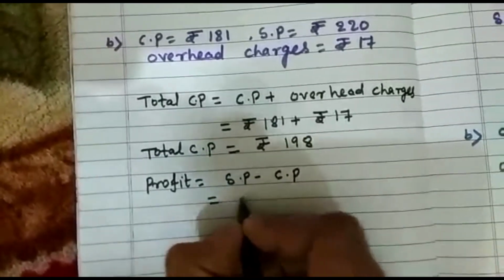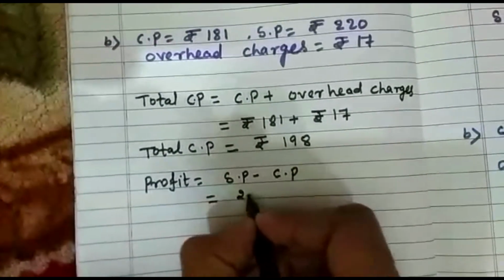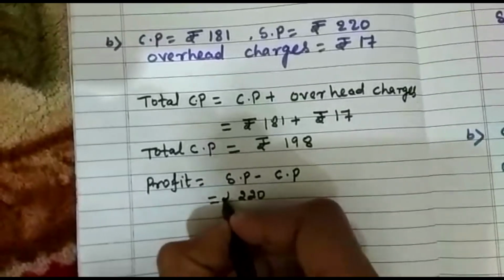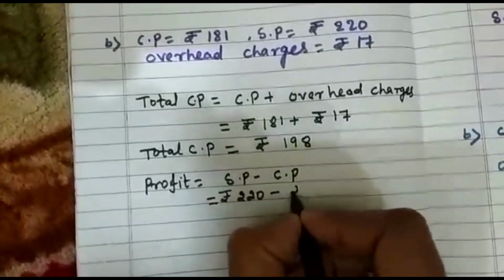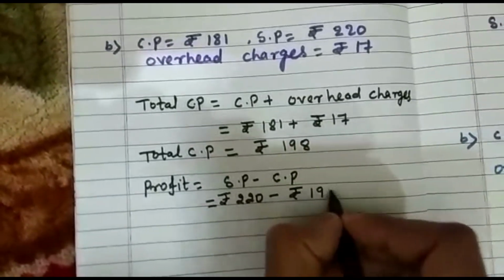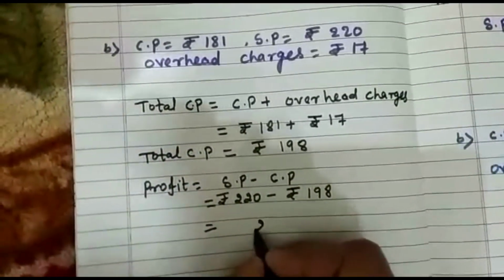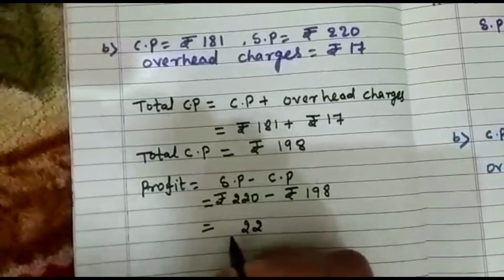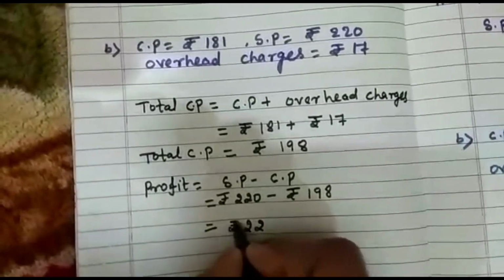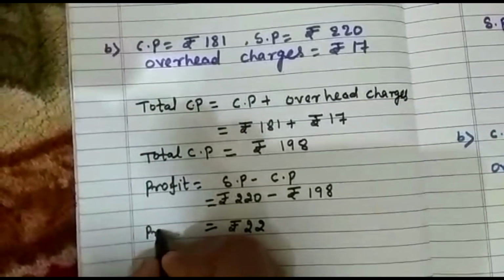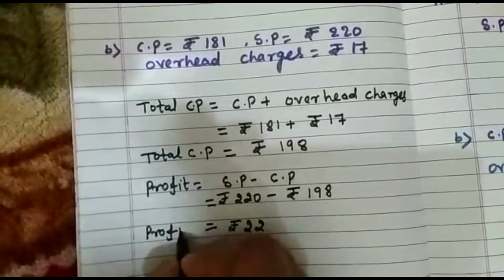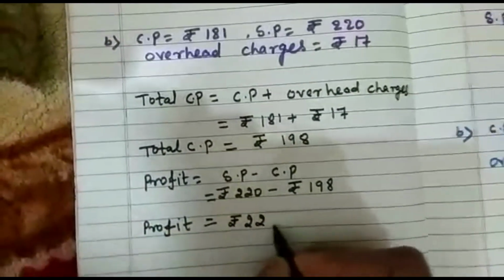Okay, so put the values. SP is 220 rupees minus CP 198 rupees. You will get 22 rupees profit. Okay, so what is happening in this question? A profit of 22 rupees.